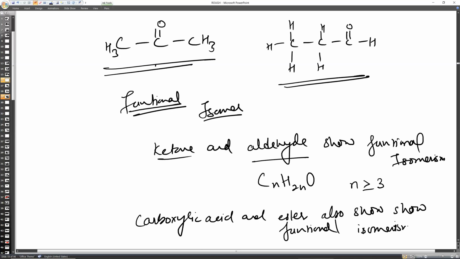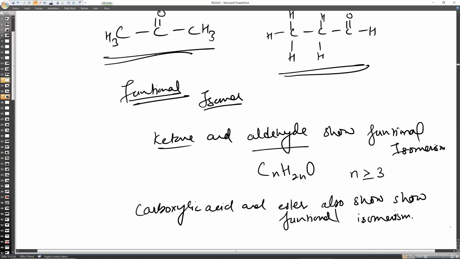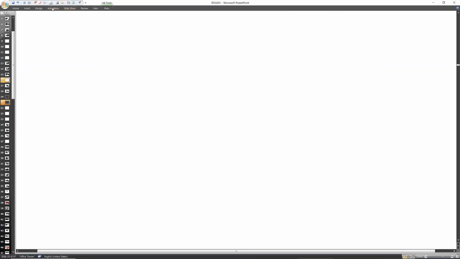So they also show functional isomerism, and the general formula is CnH2nO2. Here the difference is that there is only a single O, and here there is a double O. For example, if I have C3H6O2, it can be propanoic acid. You can check it.